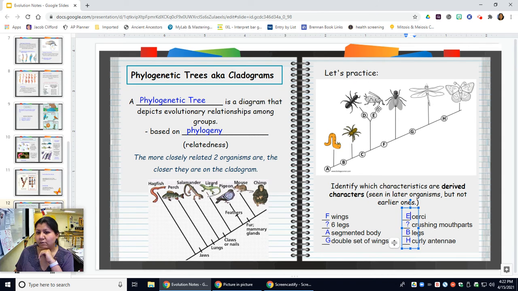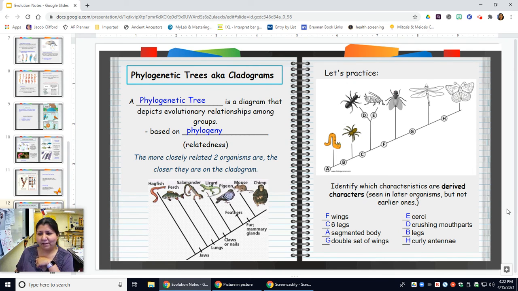All of these others are actual insects. The spider is not an insect. So between my spider and the rest of these organisms, the rest have 6 legs. So that has to be letter C, which means my ant has to have a crushing mouth part, which is D. And that's why ant bites sting so bad, because they have the crushing mouth parts.